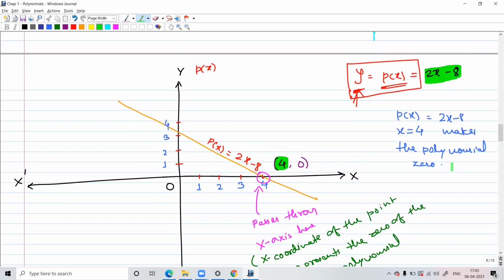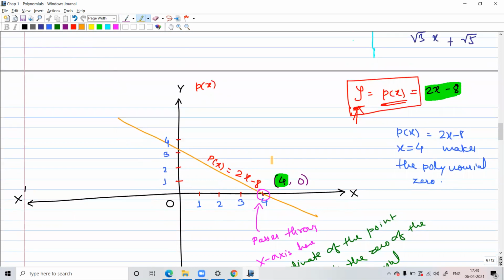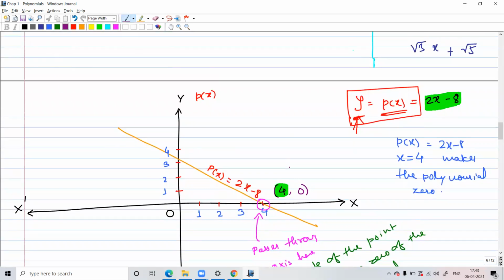When you put x equal to 4, the polynomial becomes 0. So this point where it is passing through the x-axis, the graph itself tells you that 4 is the zero of this polynomial. Just by looking at the graph, you will be able to tell what are the zeros of a polynomial, right?